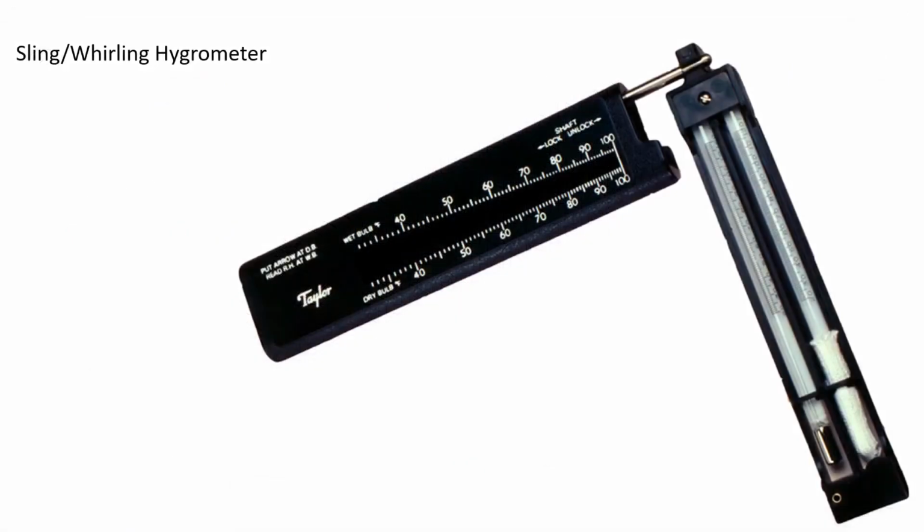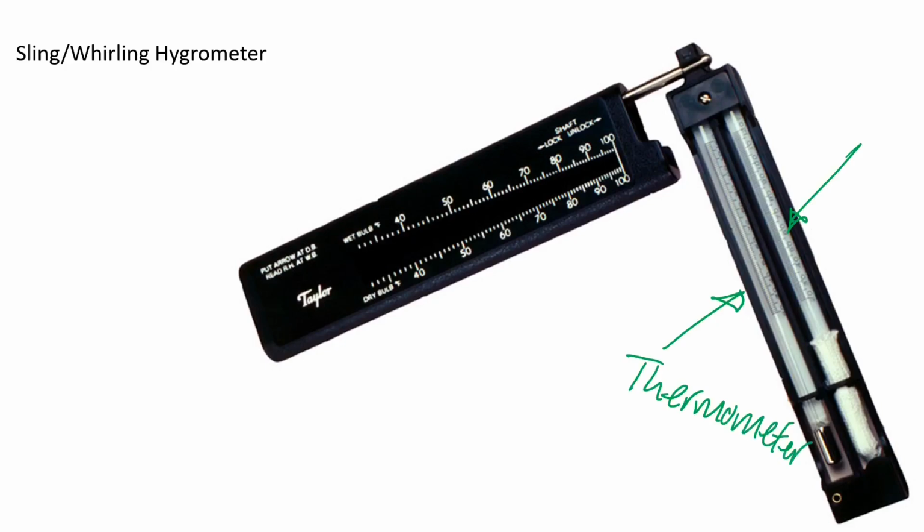Okay, so here is an example of a sling or whirling hygrometer. It's fairly straightforward. We've got 2 thermometers. Both thermometers are absolutely identical. You can see one here, one there, simply a standard thermometer.